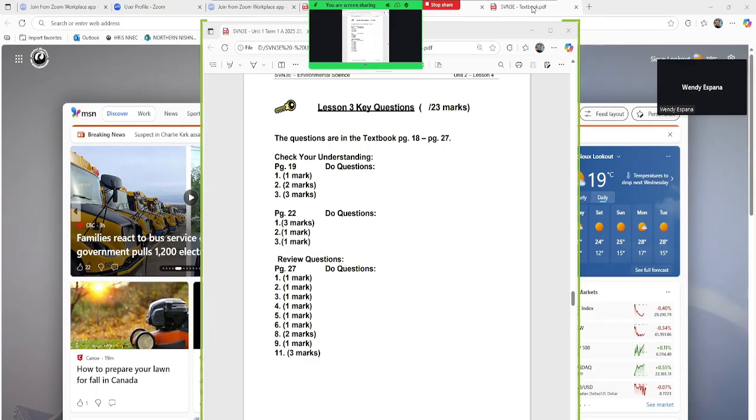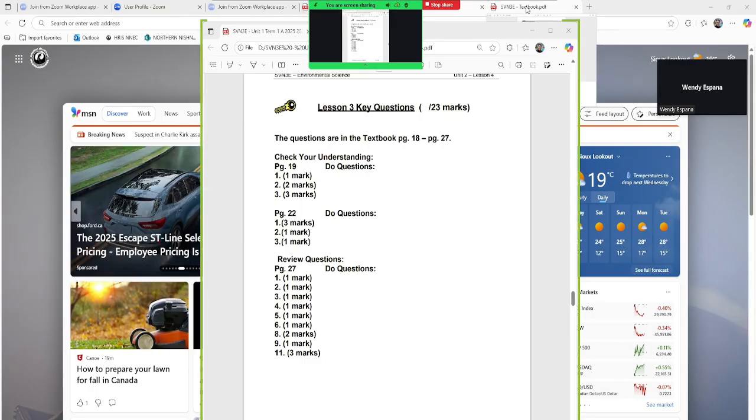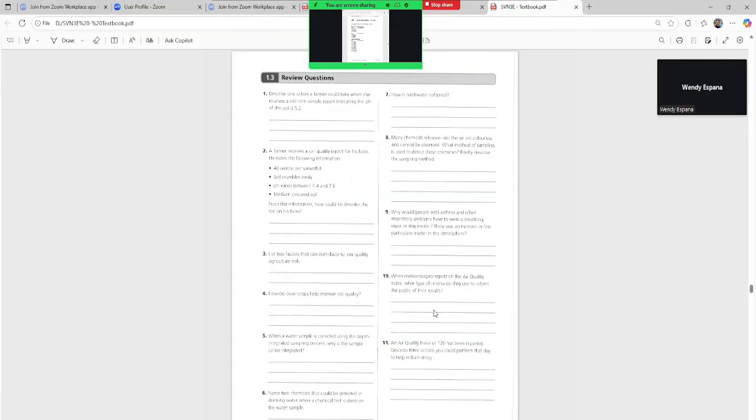Okay, we're going to go back to the textbook now, and we're going to look at some of the review questions. These are on page 27 of the textbook. So at the top of the page, you're going to write 1.3 review questions, page 27, and the first one that we got from the list that we just saw.